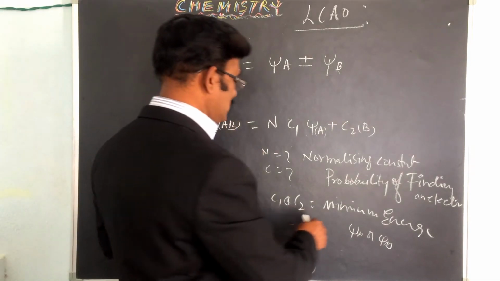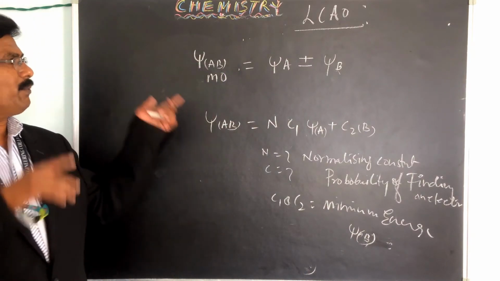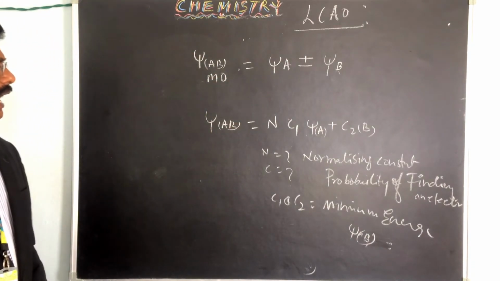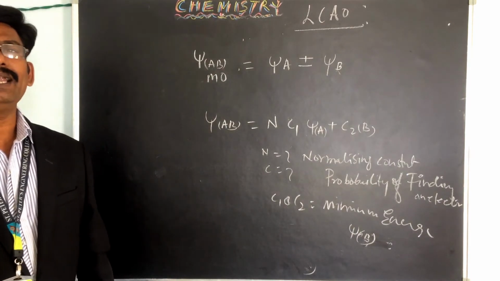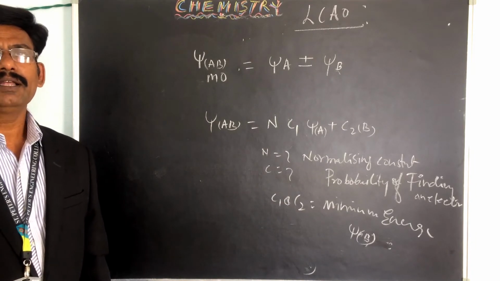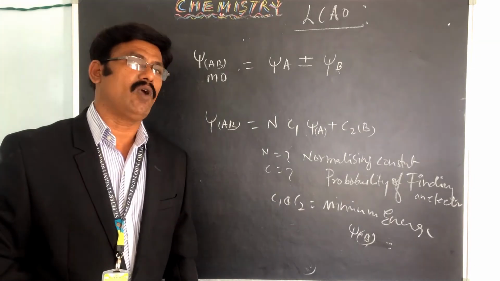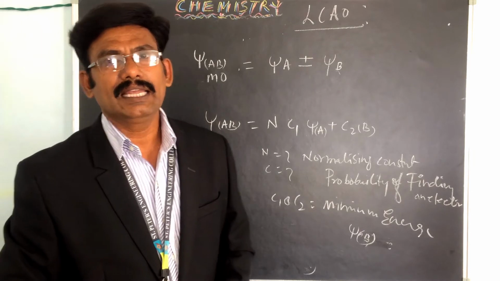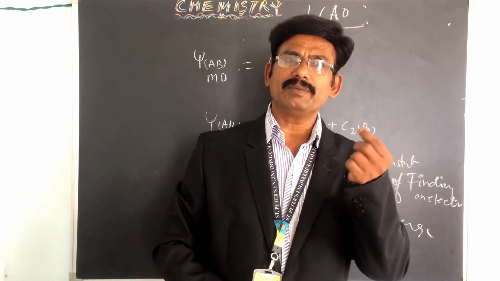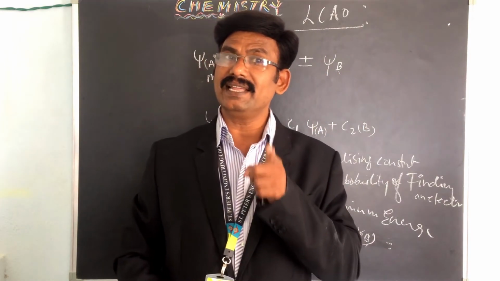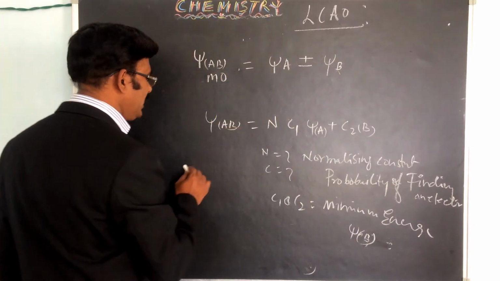That is the psi AB molecule. So that is about C and N. For example, the probability of finding an electron in volume of space dV, where d is the density and V is the volume, is psi square dV.